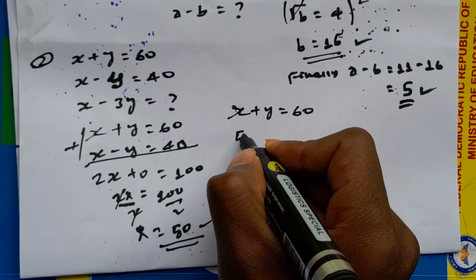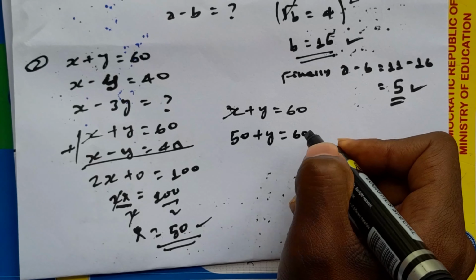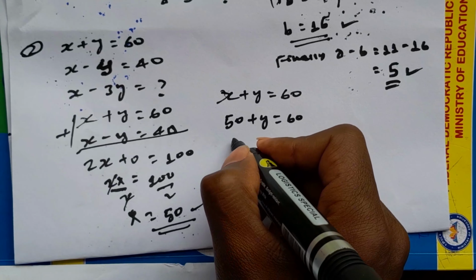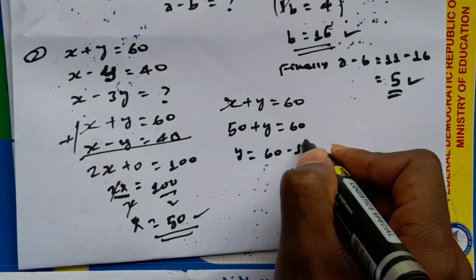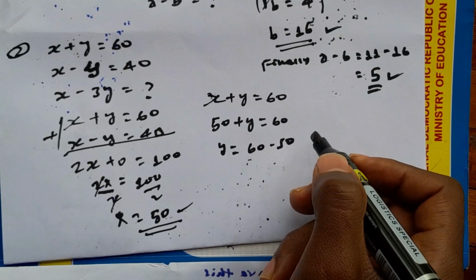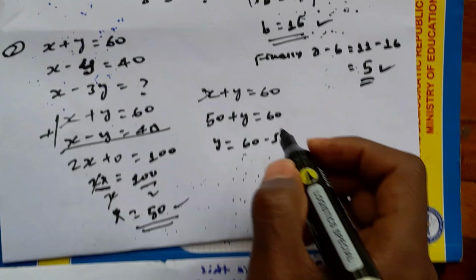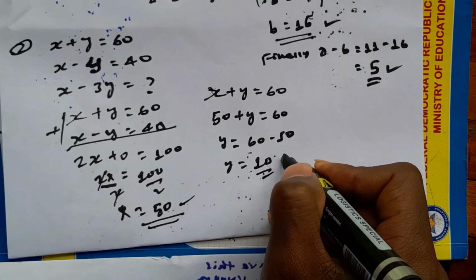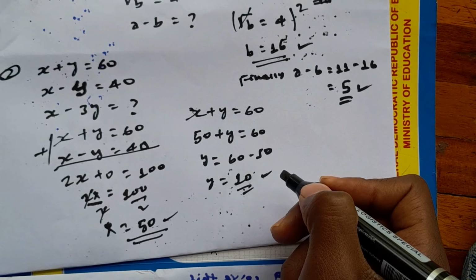X is 15, so 15 plus y is equal to 16. Excuse me for my pronunciation, no matter. Y is equal to 16 minus 15. We transfer this 15 to the other side, and it becomes subtraction. The value of y is how much? 1. We got the value of y is 1.